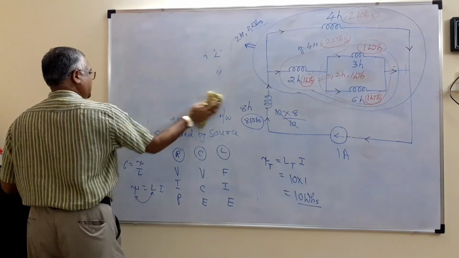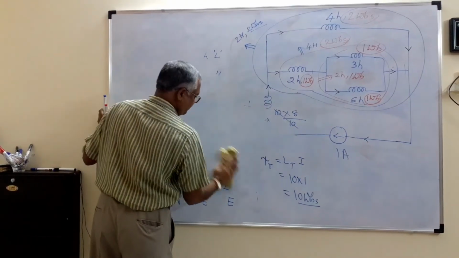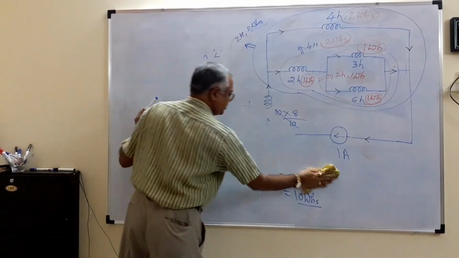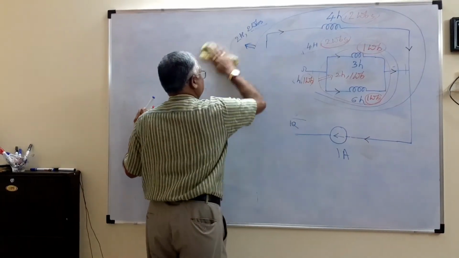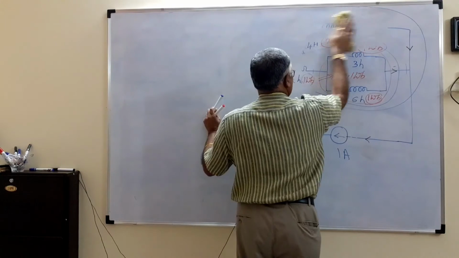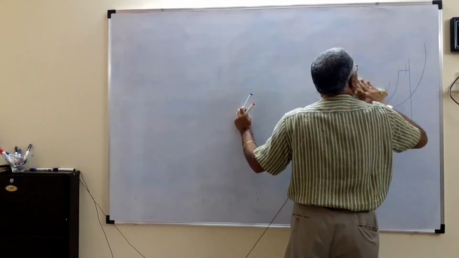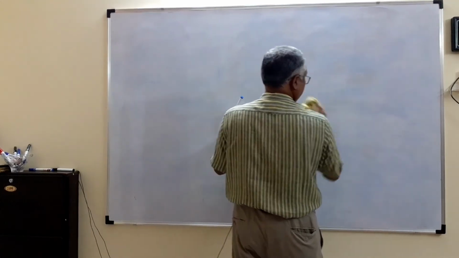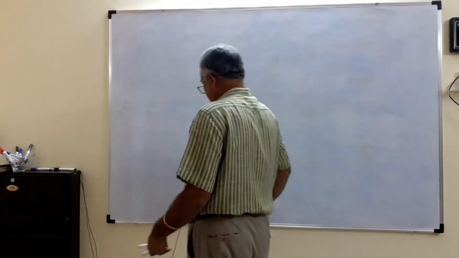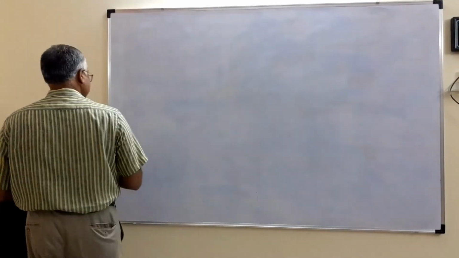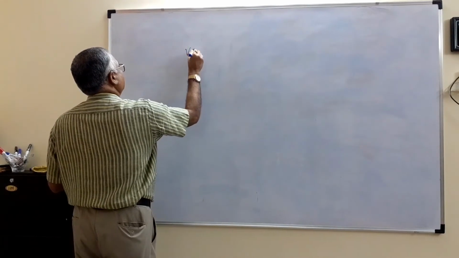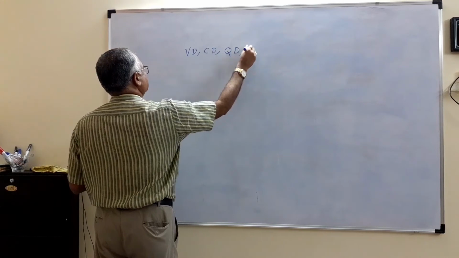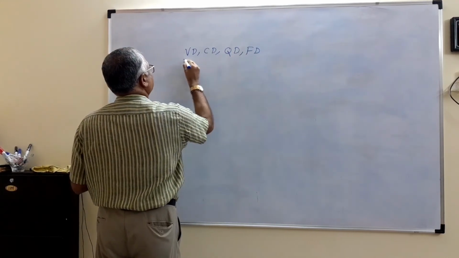So voltage division, current division, all of them are applicable to a single source. In the previous class we studied this topic: voltage division, current division, charge division, flux division.